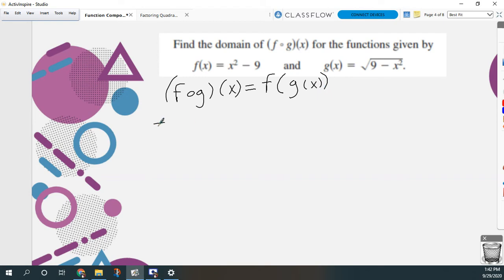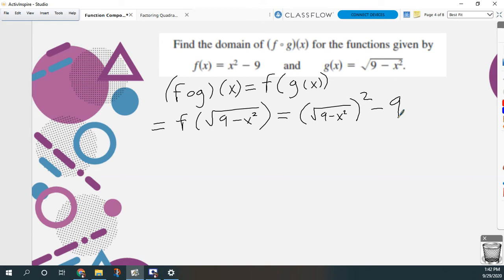They give us g of x as the square root of 9 minus x squared, and we're going to plug that in anywhere that we have an x. So I have the square root of 9 minus x squared, minus 9.